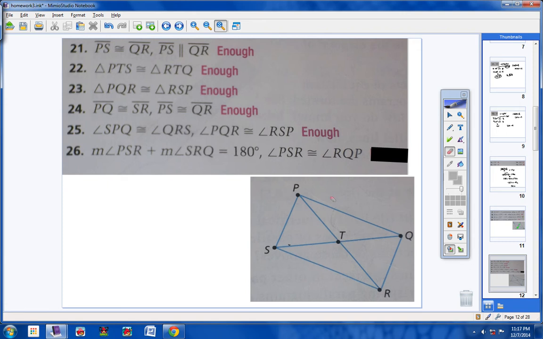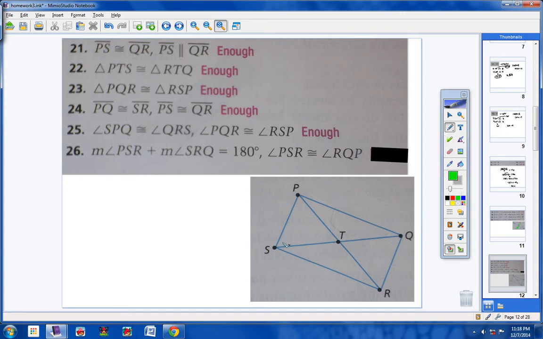Okay, number 26. Angle PSR, this angle here, plus SRQ, this angle here, equals 180. Now, look guys, the best way to do this is to put numbers in there, okay? So that's what I'm going to do. I'm just going to make something up.